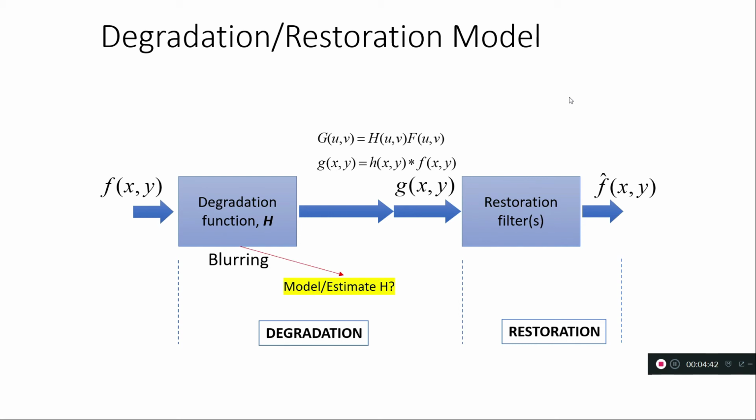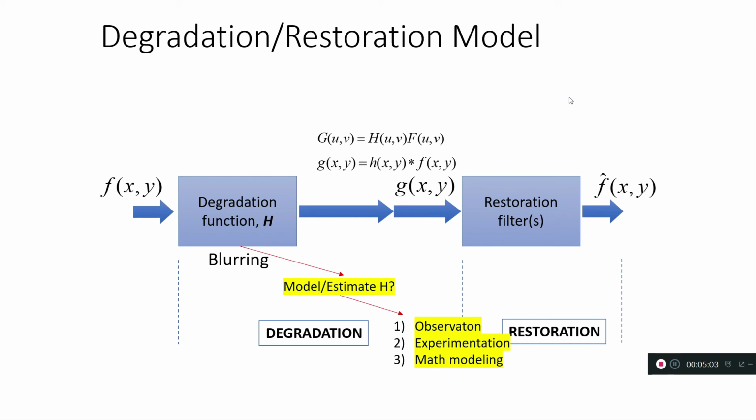The objective is that you need to model or estimate your H. In order to do that, there are three ways: observation, experimentation, and mathematical modeling, which we discussed during the second part of my lecture notes.